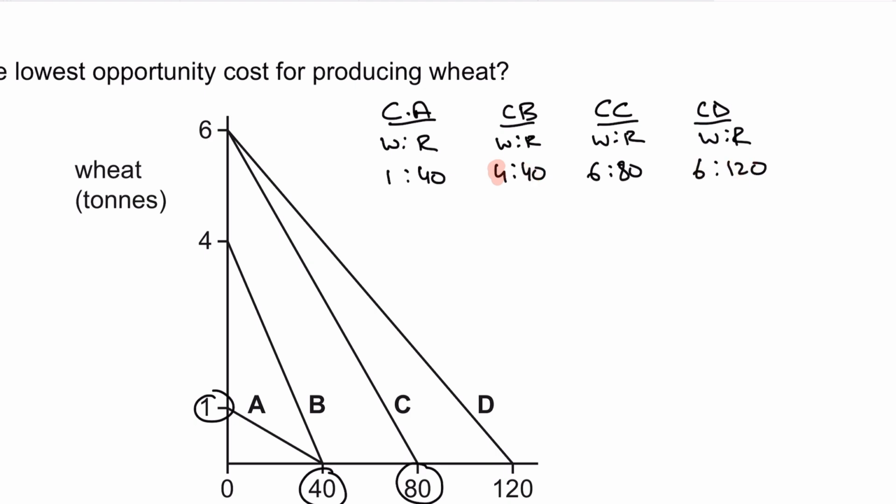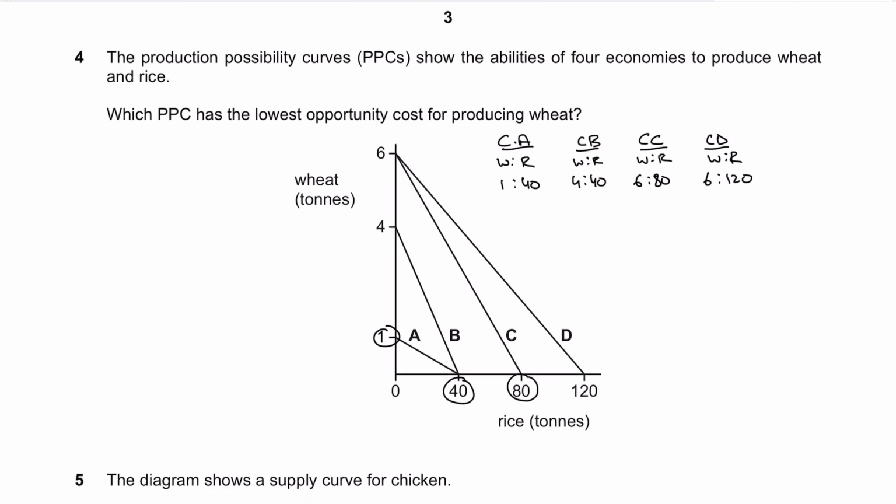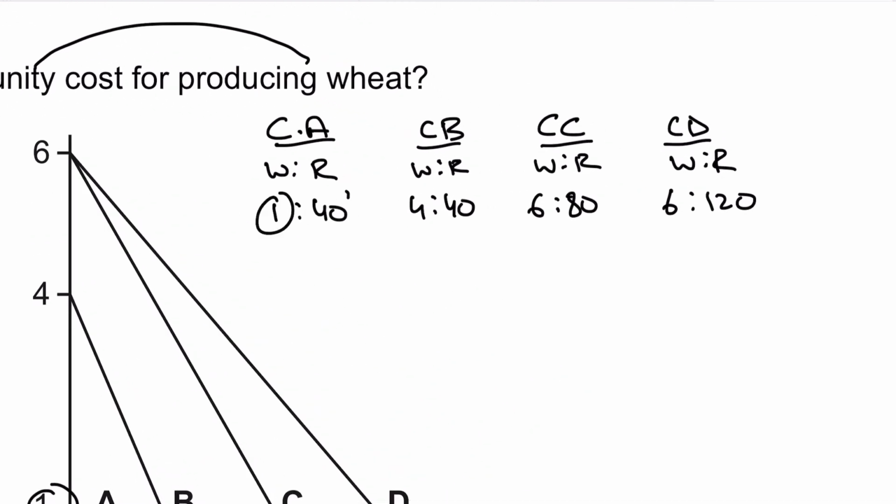Okay, so first remember that whenever we want to calculate the comparative advantage, it's not the comparative advantage question, it's talking about the lowest opportunity cost of producing wheat. So to calculate the lowest opportunity cost for producing wheat, you need to calculate how much rice is foregone. For example, for country A, if you produce 1 unit of wheat, you forego 40.